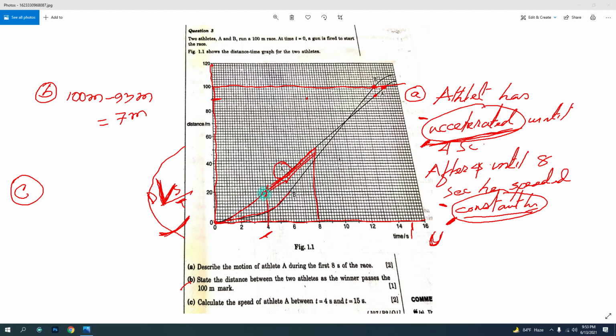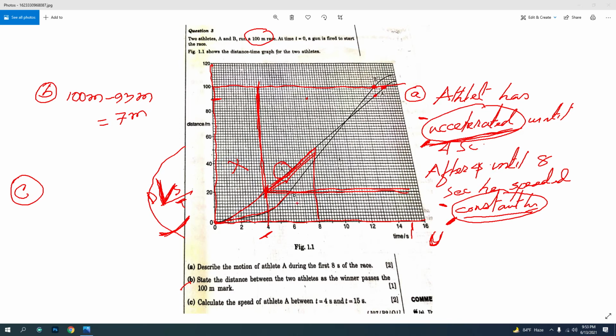You will start counting from 4 second until 15 second. And as you are counting from 4 second, and the race is a 100 meter race, so the vertical value will be 100 meter to this 4.